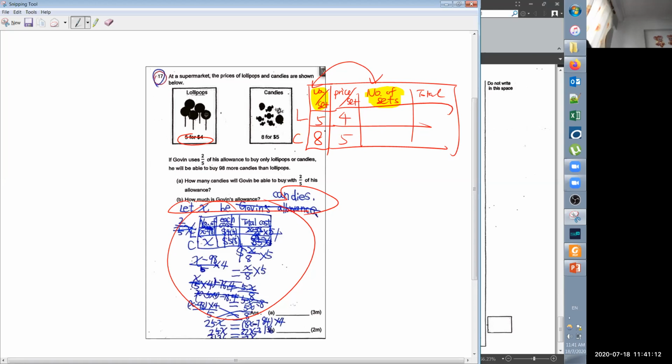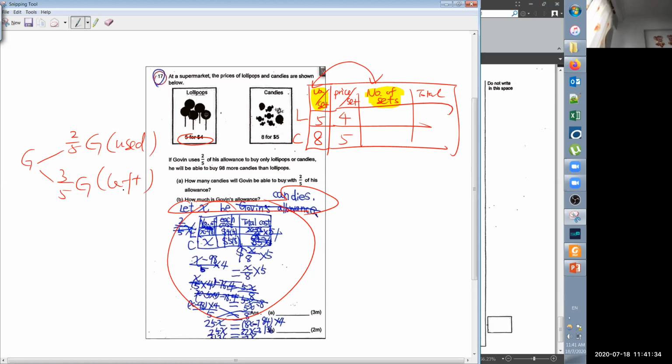Okay, so start with what? Start with a branch method first. Let's say Govin starts with G amount of money, and if he used 2/5 G, he has 3/5 G left.